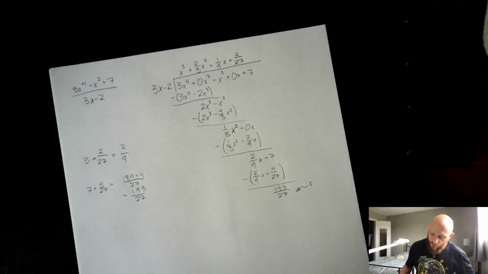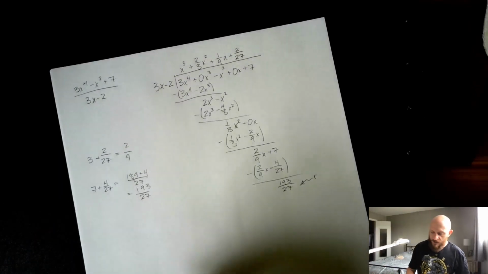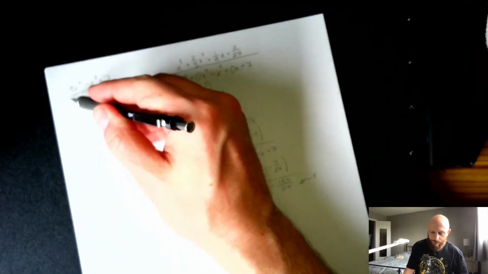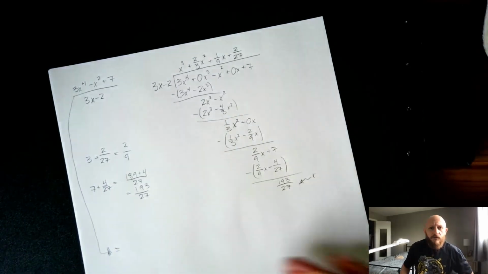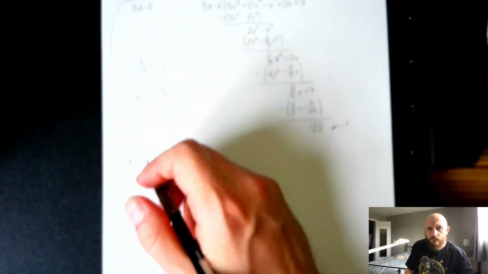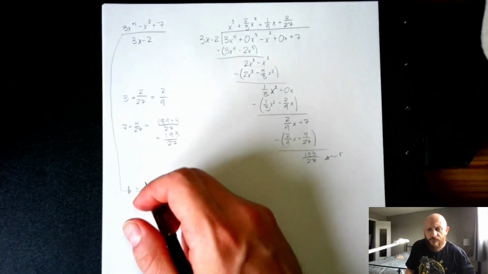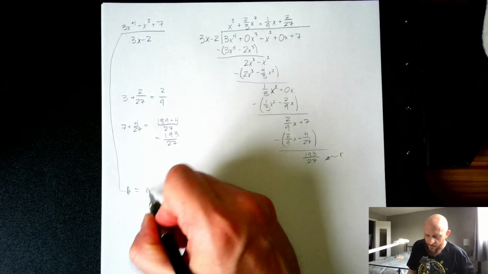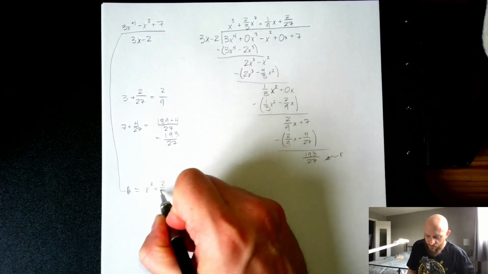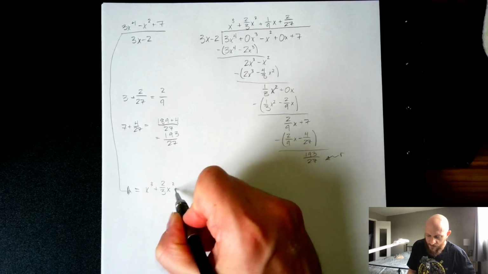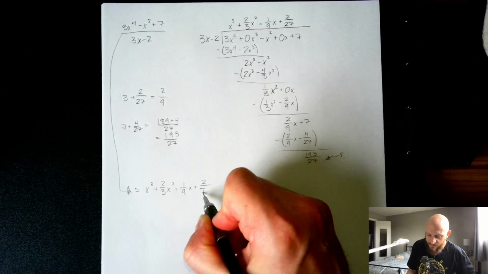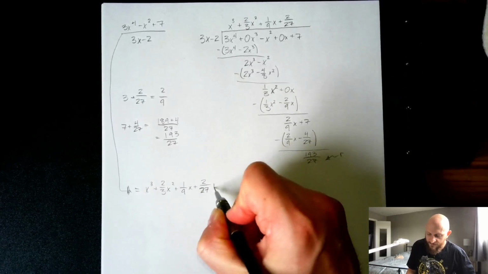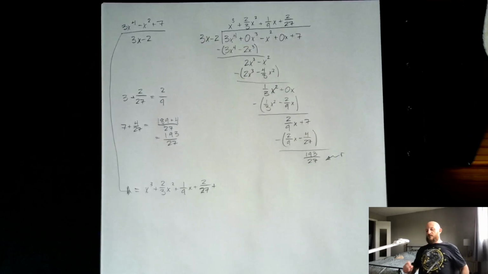Okay, so then writing this in quotient and remainder form, we would say that this equals everything that I got there at the top. I'm trying to get everything on the screen at once. x cubed plus 2/3 x squared plus 1/9 x plus 2 27ths plus, let's see, what would this last piece be?